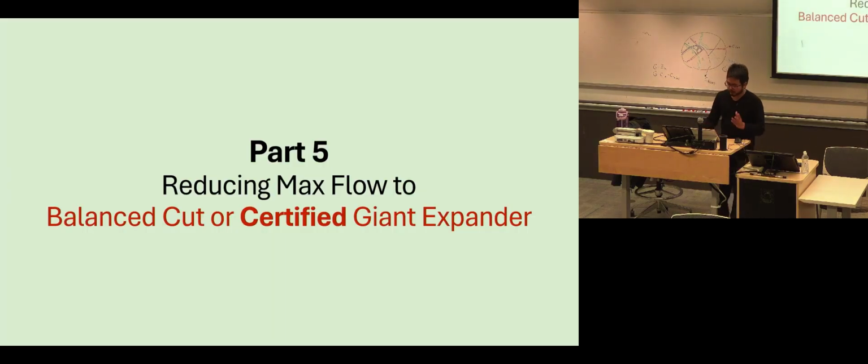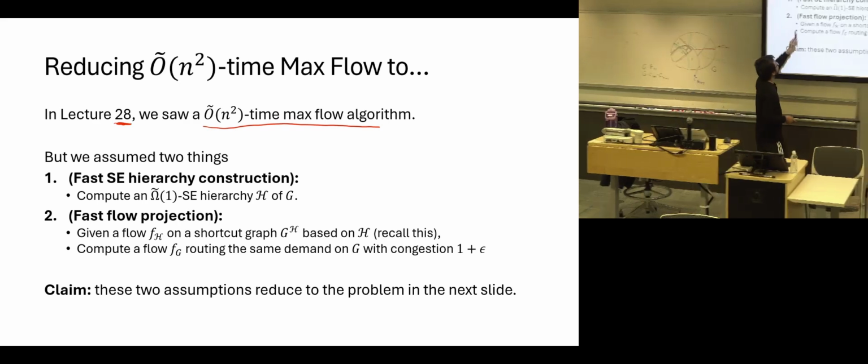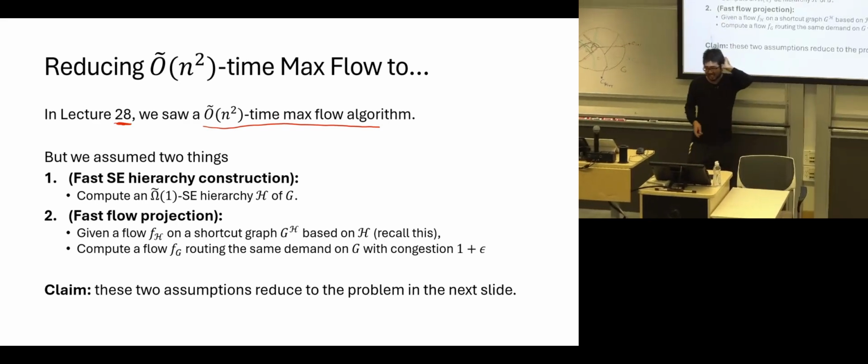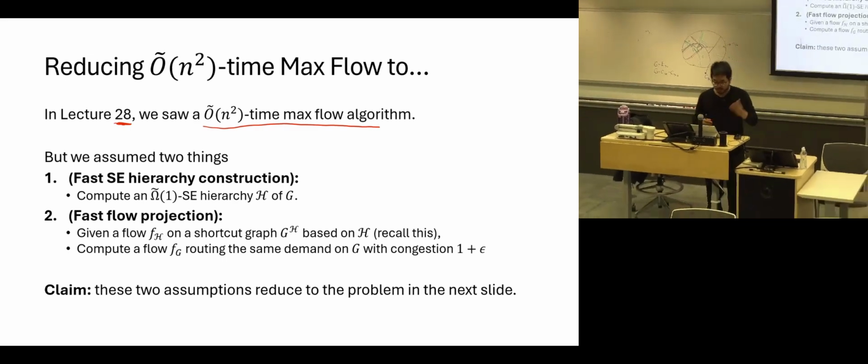So why are we talking about this? As I said in the very beginning, in the previous 2 lectures we saw the n-square max flow algorithm, but we assumed 2 things in that lecture. If you remember, we assumed that we can build the SC hierarchy fast. We didn't know how to do that on that day.